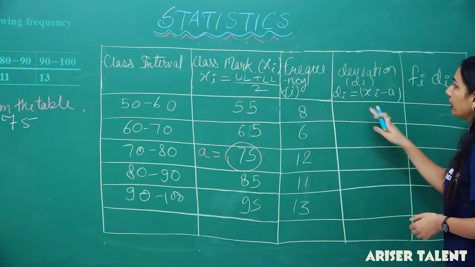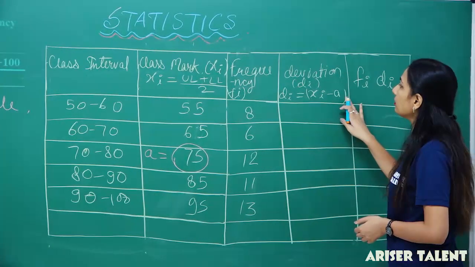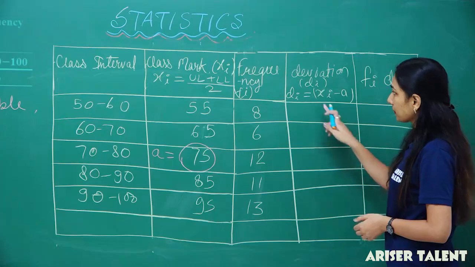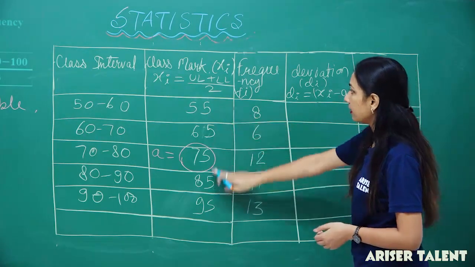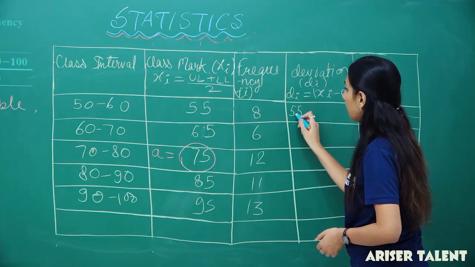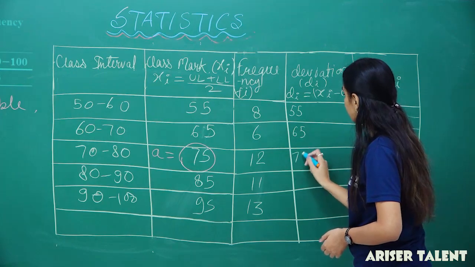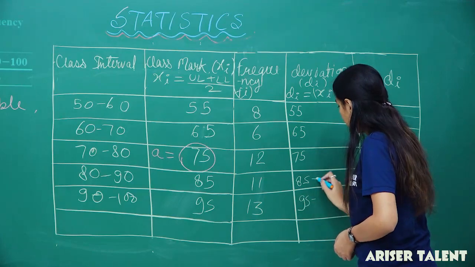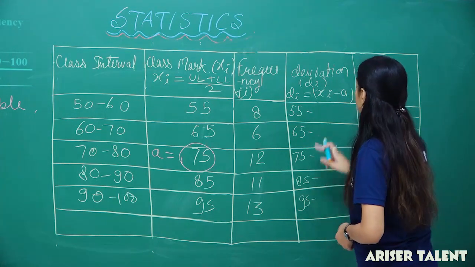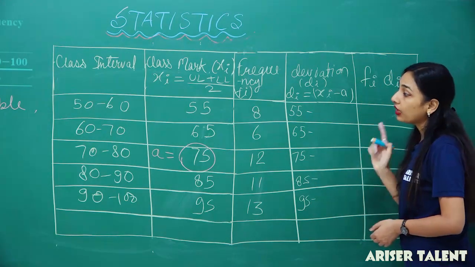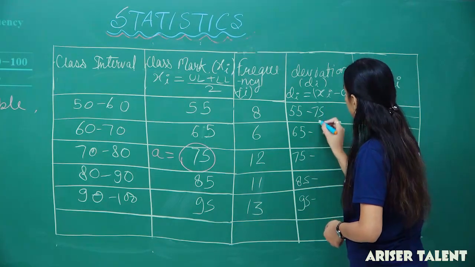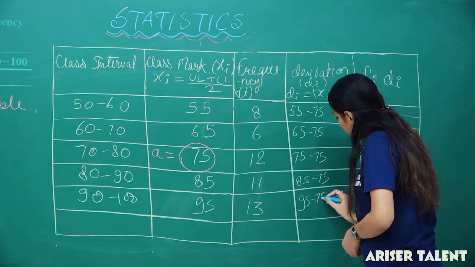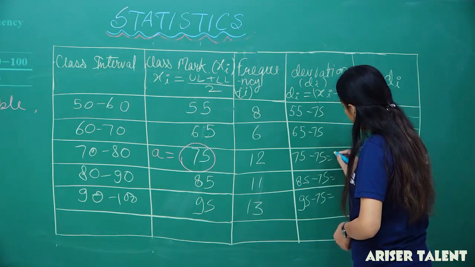Now we have xi minus A, which will be equal to di. So I will write xi here, minus the value of A. The value of A is 75, so 75 minus 75 gives 0 for sure.